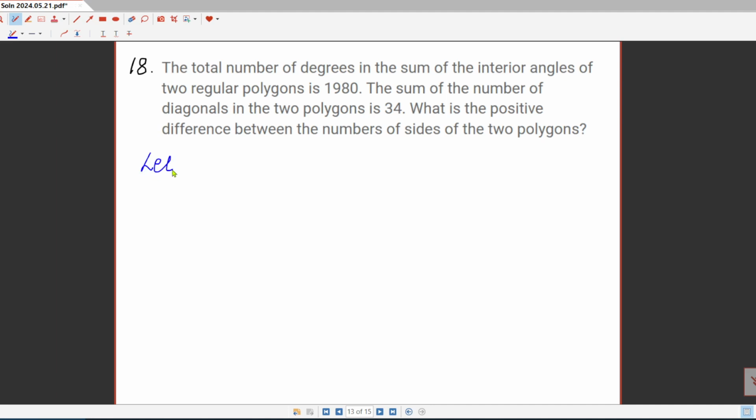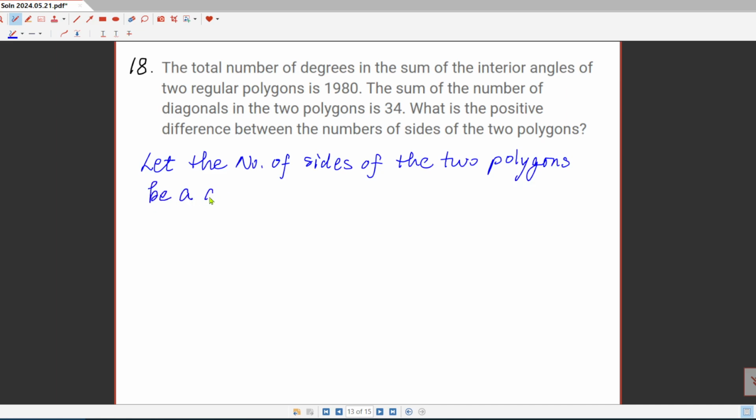So for example, we could write like this, let the number of sides of the two polygons be a and b respectively. Then, according to the given information, we have the following relationship.